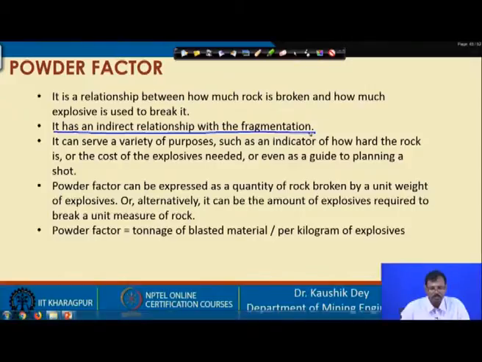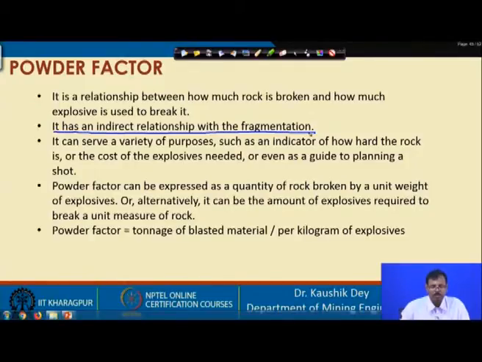So, if we are using less explosive, then the fragmentation achieved is coarser, and that is why it may give us a different powder factor, which deviates us from our target.